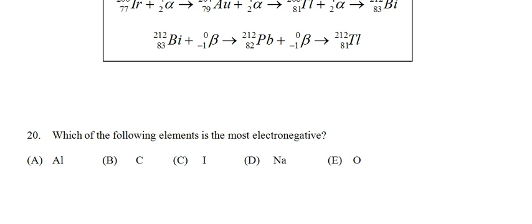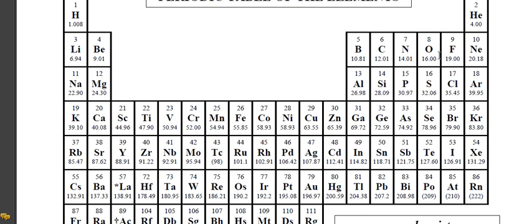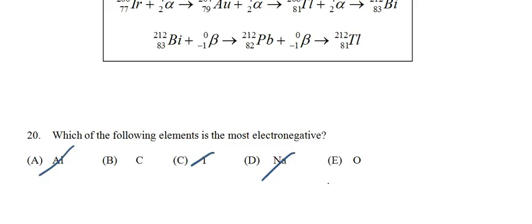Aluminum's out, iodine should be out, and sodium's out. Now it's down to oxygen and carbon. Oxygen wins, since it's right next to the fluorine. So I would choose E.